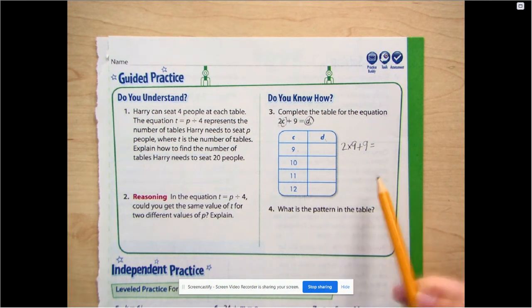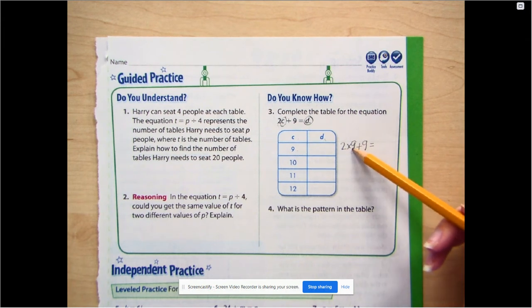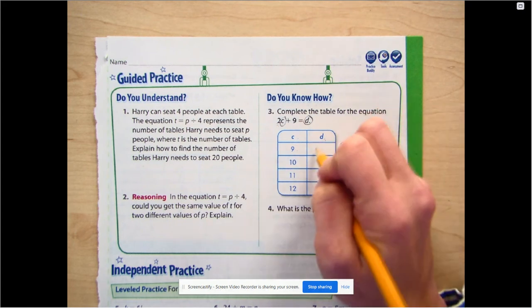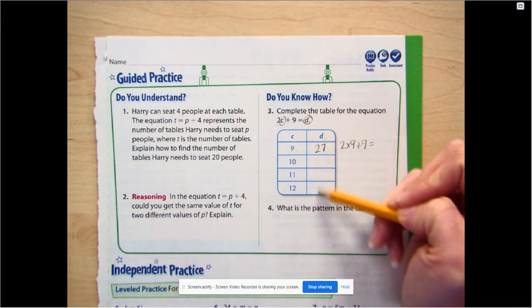Now, when I look at this, I have to always remember that I'm doing multiplication first, and then I add or subtract second. So 2 times 9 I do first, which is 18, and then I add the 9, which would be 27. And you just repeat that process until you have filled in the rest of the empty boxes.